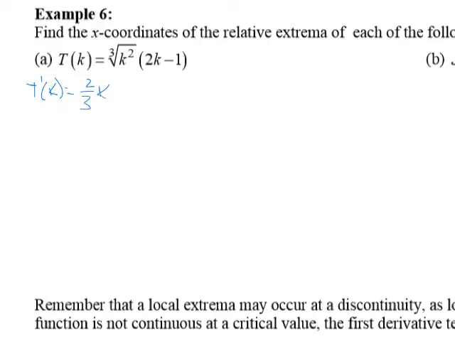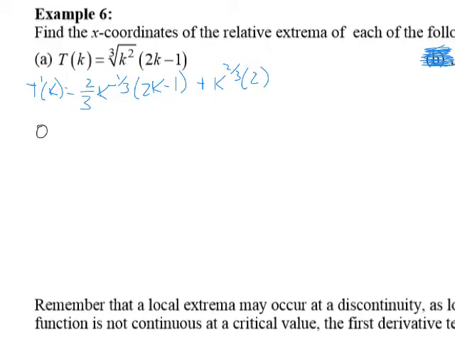So 2/3 k to the negative 1/3 times 2k minus 1. And to that we add the first times the derivative of the second. By the way, I'm taking part B out of the notes just because there's not enough room for both of these here. So, okay, from here, setting this equal to 0 is a little bit of a challenge.